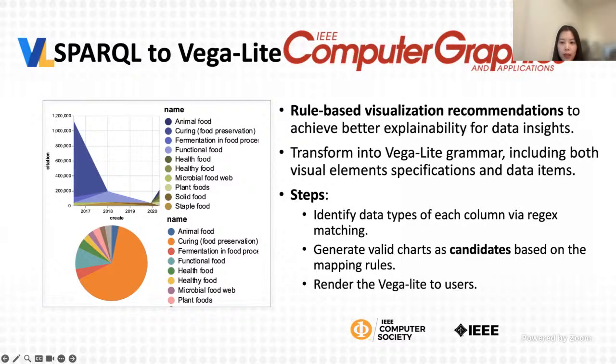It involves several steps. First, we identify the data type in each column using regex. Then, given the predefined mapping rules, we determine which charts are supported for the identified data type and select valid charts as candidates. Finally, the Vega-like specification is rendered into a chart, which users can view and download as a figure.